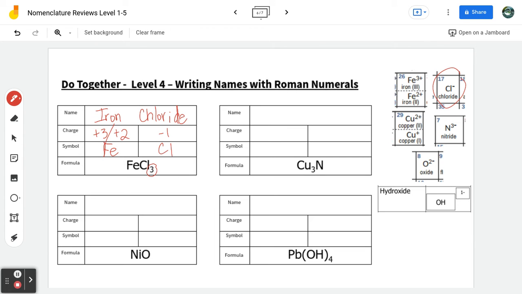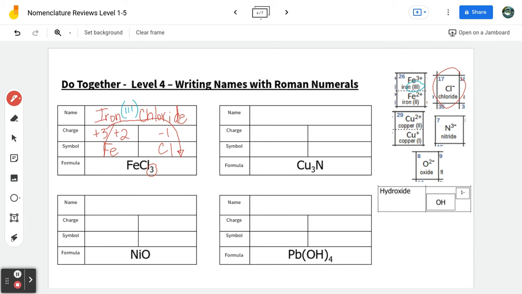Well, it would have to be the +3 because that would get crossed over to give you the subscript 3. So the Roman numeral that would be in this name would be the 3, which would be III. So that is your name for this one.